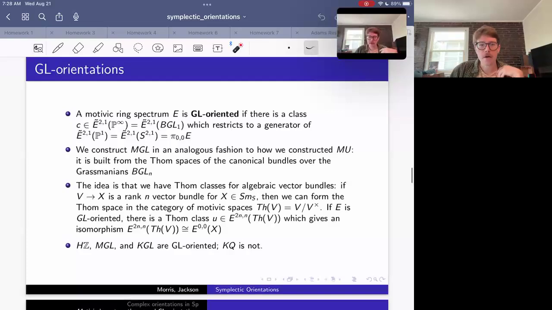And in our analogy, HZ representing motivic cohomology, MGL representing algebraic cobordism, and KGL representing algebraic K-theory are going to be GL-oriented. And this KQ, our KO avatar here, is not, just as KO was not complex-oriented.